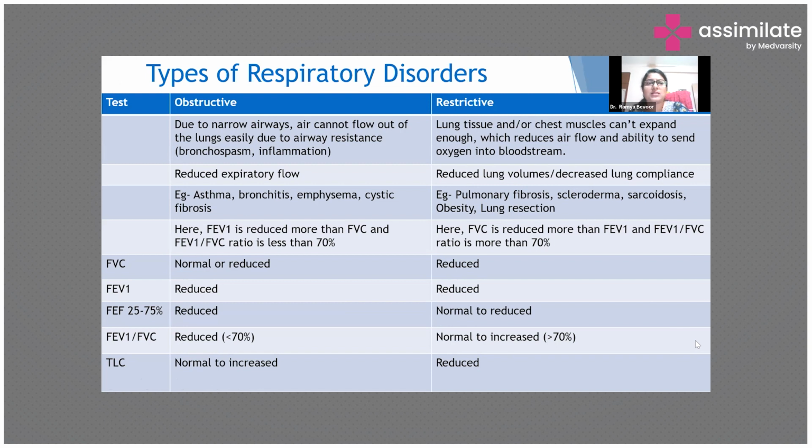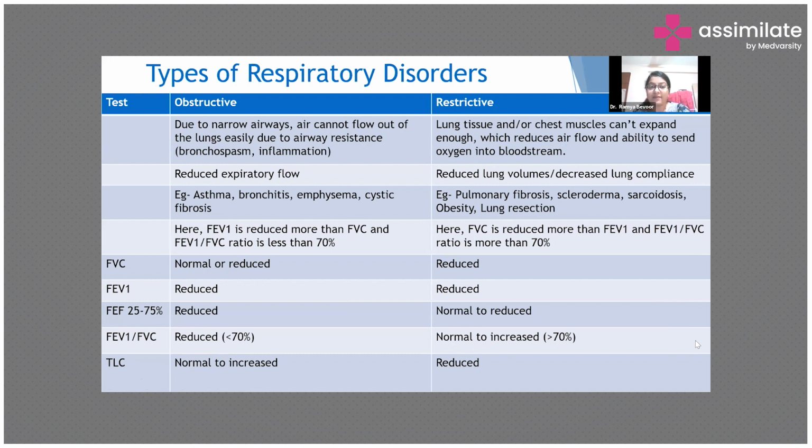So what happens in an obstructive pulmonary disorder? Examples of obstructive disorder are asthma, bronchitis, emphysema, cystic fibrosis. Basically the airways are narrow. So air enters the lungs, but because of the narrow airways, it is not able to move out of the lungs. So expiration becomes difficult.